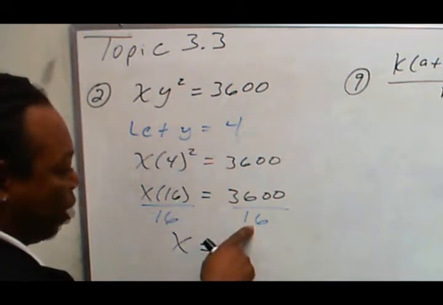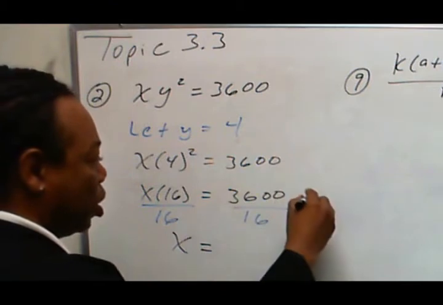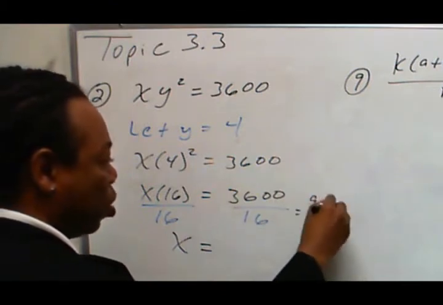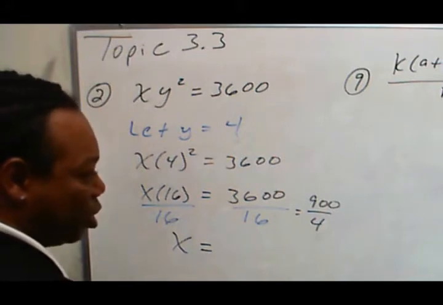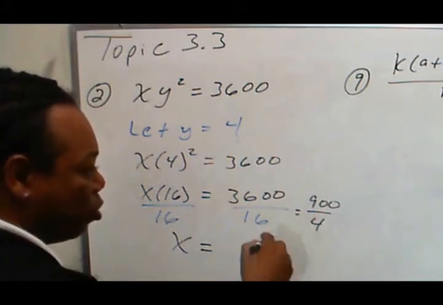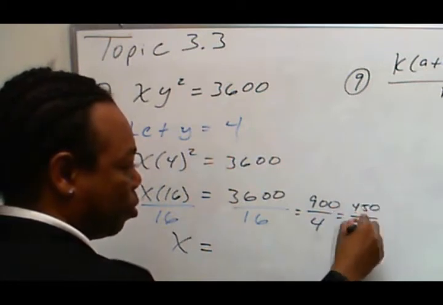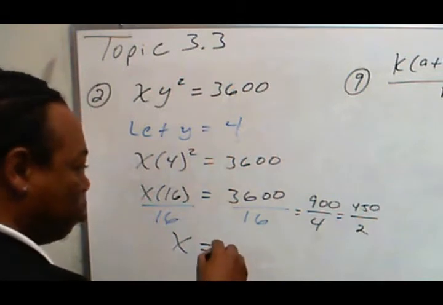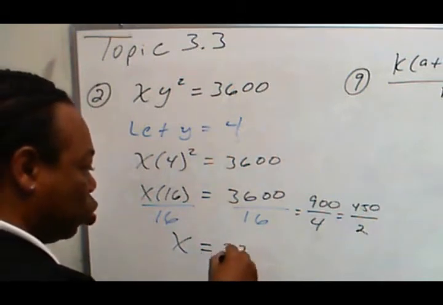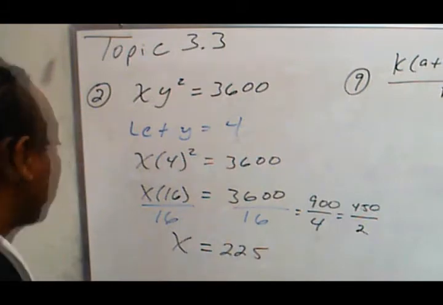If I divide that by 4, I'll get 4 here. If I divide that by 4, I'll get 900. And if I take half of this, this will give me 450. And if I take half of that, this will give me 225. All right, so x will be 225.